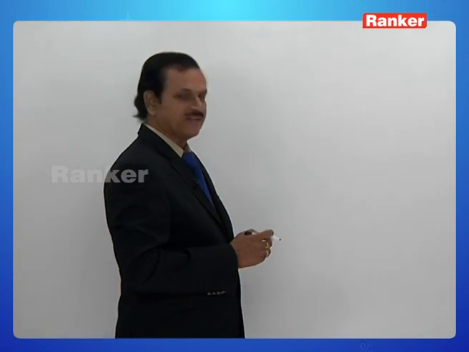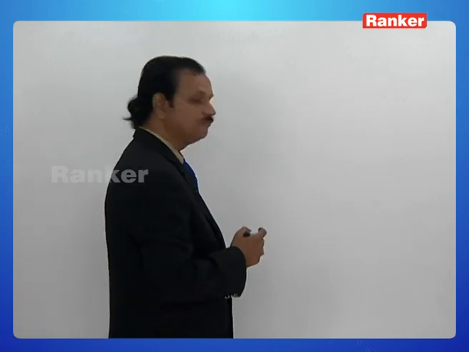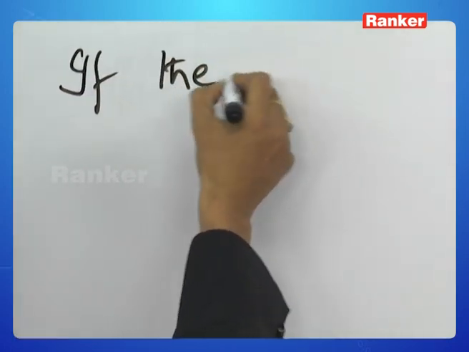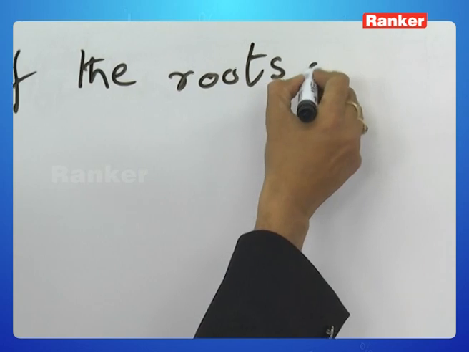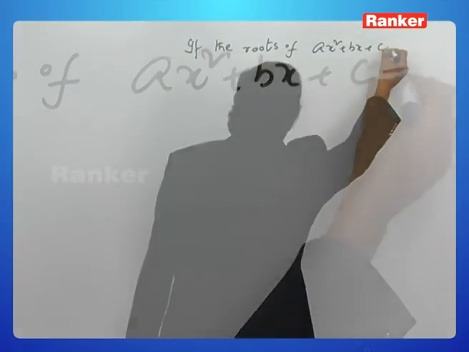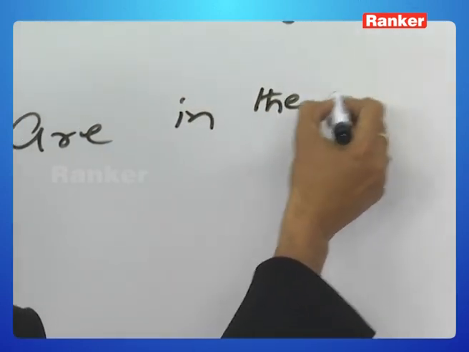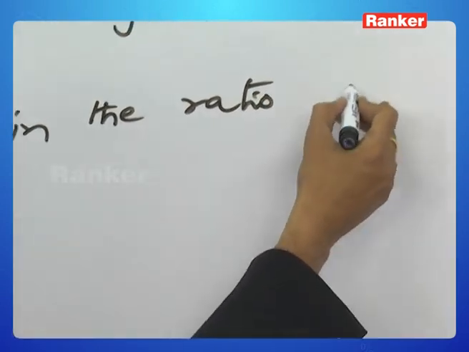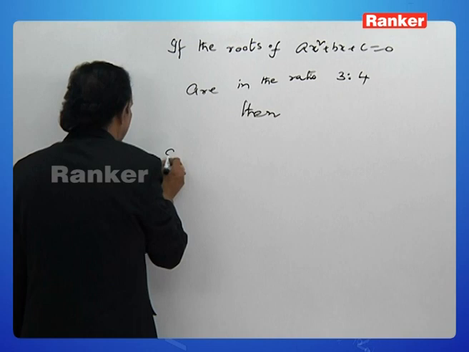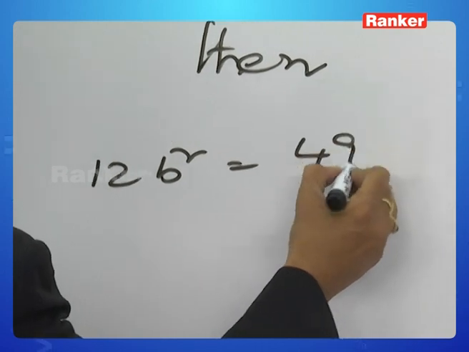Let us now observe the application of the previous concept with the help of few examples. If the roots of ax square plus bx plus c is equal to 0 are in the ratio 3:4, then first option, 12b square is equal to 49ac.